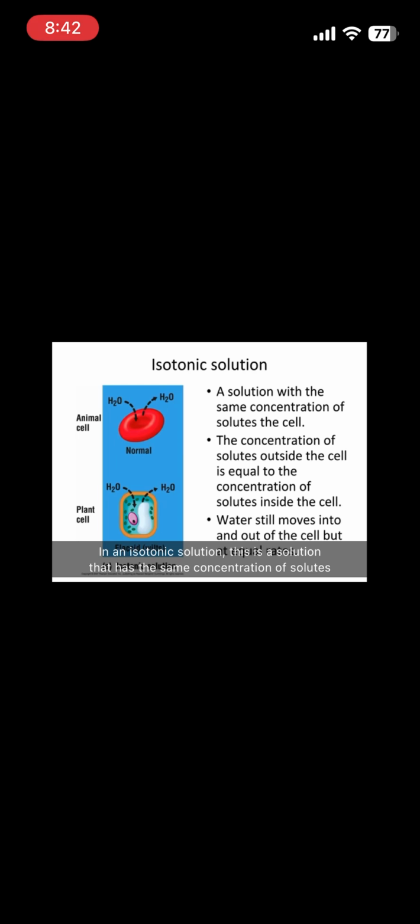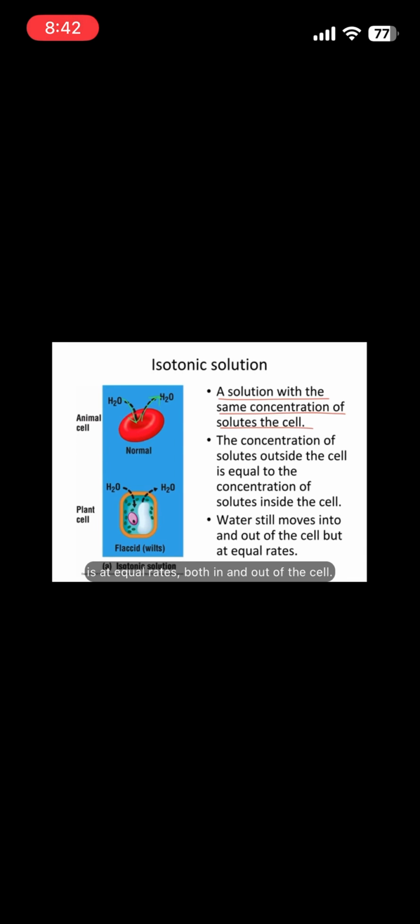In an isotonic solution, this is a solution that has the same concentration of solutes as the cell. So there's still movement of water into and out of the cell, but the movement of the water is at equal rates, both in and out of the cell. So notice that for an animal cell, this is considered the normal.